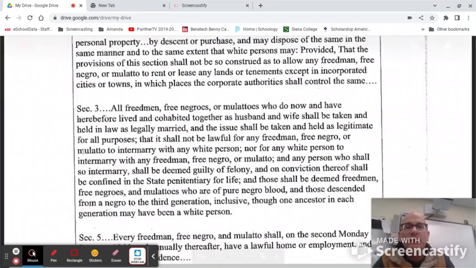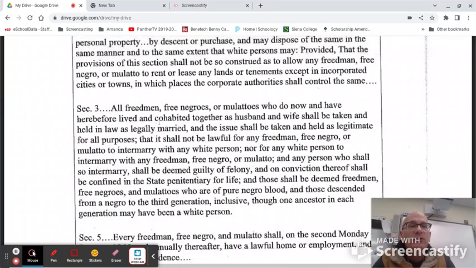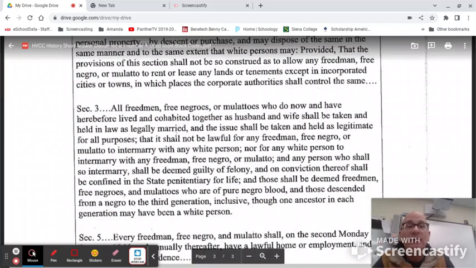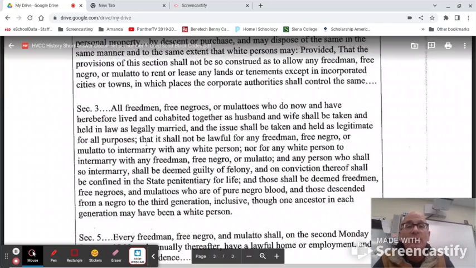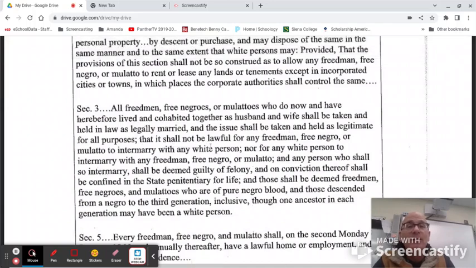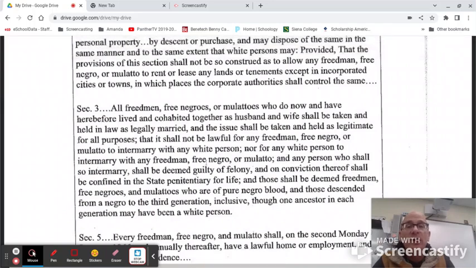Section 3, all freedmen, free Negroes, or mulattoes who do now and have heretofore lived and cohabitated together as husband and wife shall be taken and held in law as legally married, and the issue shall be taken and held as legitimate for all purposes. That it shall not be lawful for any freedman, free Negro, or mulatto to intermarry with any white person, nor for any white person to intermarry with any freedman, free Negro, or mulatto.